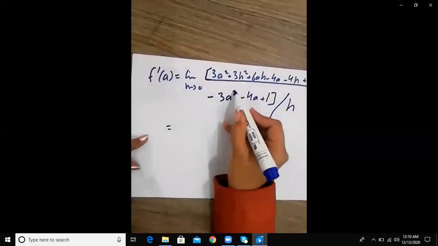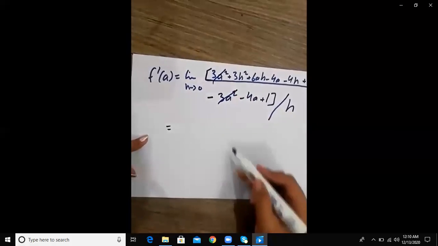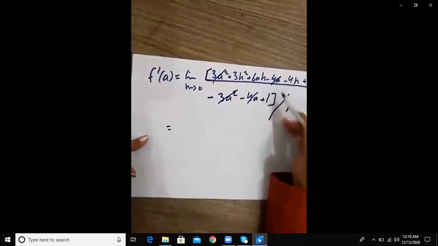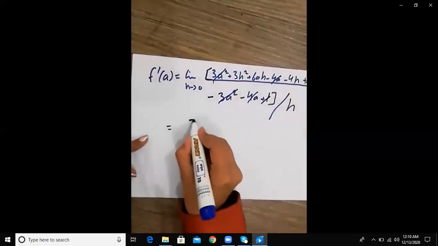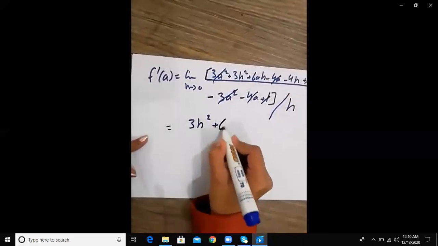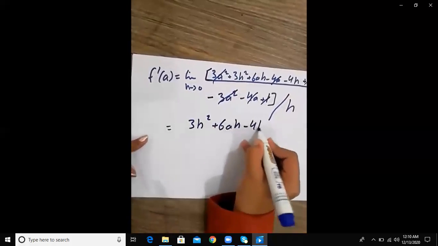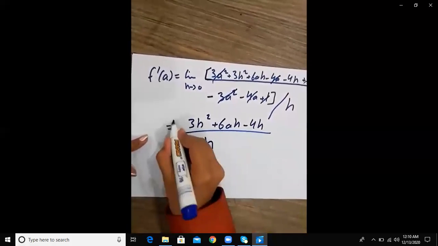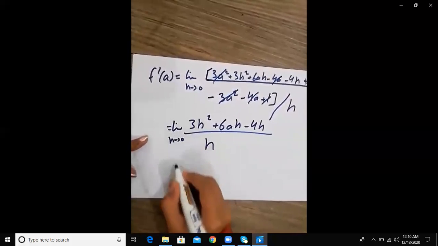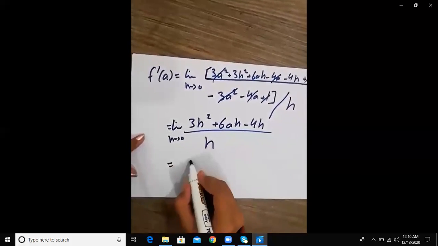Now we will simplify it. We will cancel 3a square with minus 3a square, minus 4a with plus 4a, and plus 1 with minus 1. So what we get is 3h square plus 6ah minus 4h divided by h, where limit h approaches 0.